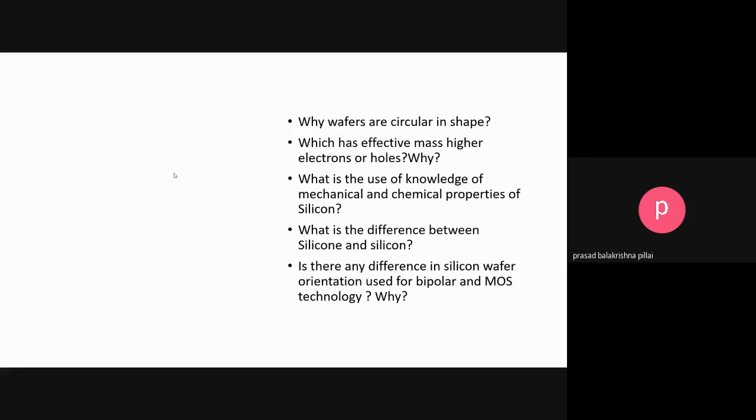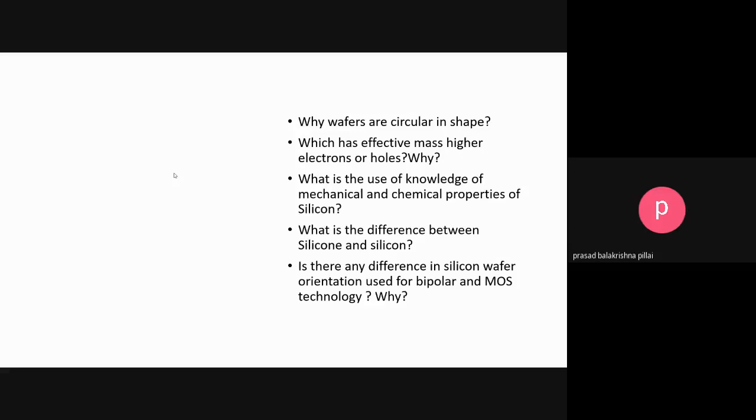So that is why holes have a higher effective mass, because their motion is motion of electrons from one bound state to another bound state. So the internal forces acting will be more, and effective mass is deciding the internal forces acting on the carrier. That is why. Got it? Yes, sir.